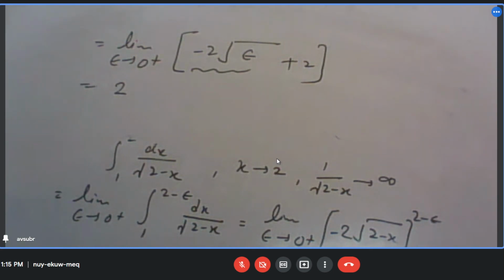Understood? So that is the strategy. In order to evaluate, we are confining ourselves: either we slightly move ahead, like for example in the first case we slightly moved ahead. At A there was infinity, so from A we moved infinitesimally small ahead.